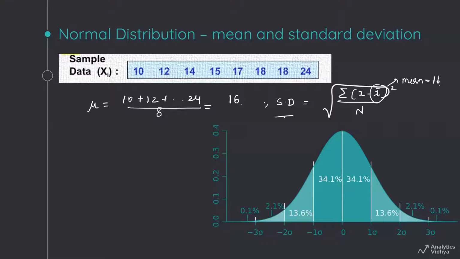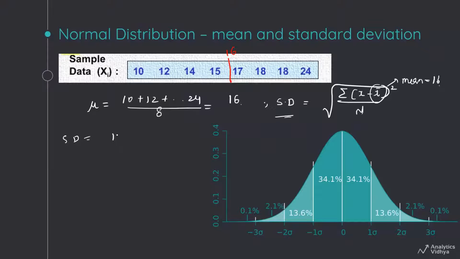Intuitively, what standard deviation gives us is how deviated the data points are from the mean value. Let's say that in this case our mean was somewhere here, 16. Okay, let's calculate the standard deviation for the sample first, and then we'll see what that intuitively tells us.